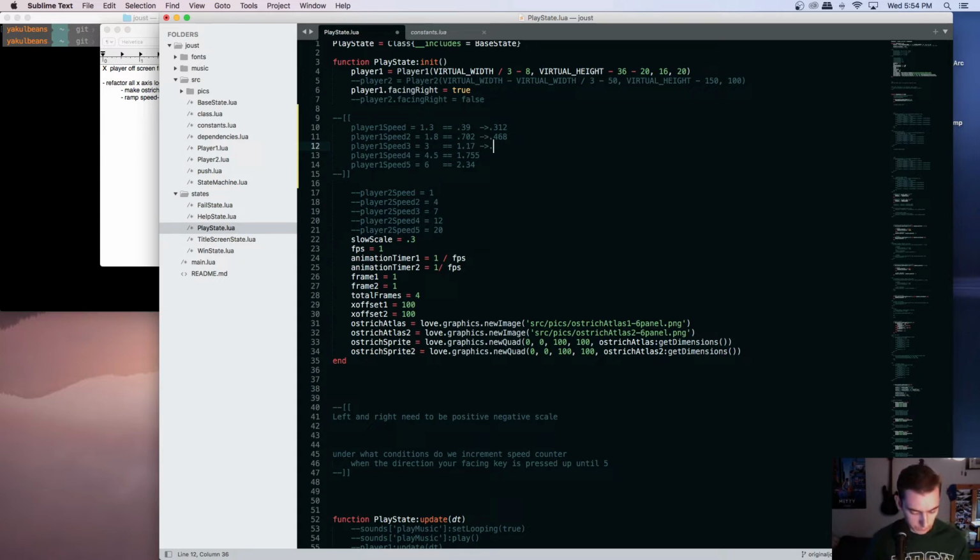Let me see this. 1.755 minus 1.17. Yeah, so it's scaling as I kind of expected. But we can just tether these numbers to the speed tier.